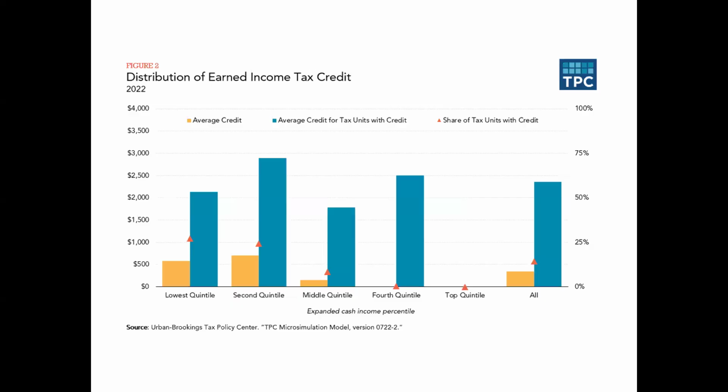And with this, unlike some of the other tax credits or tax expenditures we've seen, if you take a look at the orange triangle there, this disproportionately goes to those people that need it the most, right? About 50% of the earned income tax credit goes to those people in the bottom 40% of earnings, and very little goes to people in the top quintile. So overall, this is considered to be an example of a successful tax expenditure.